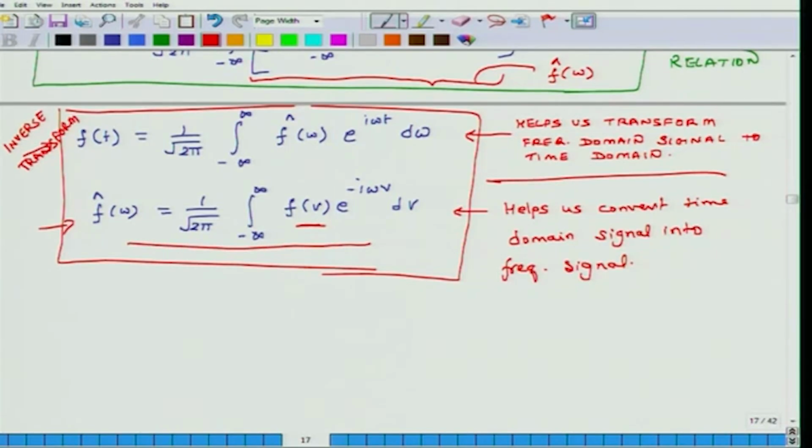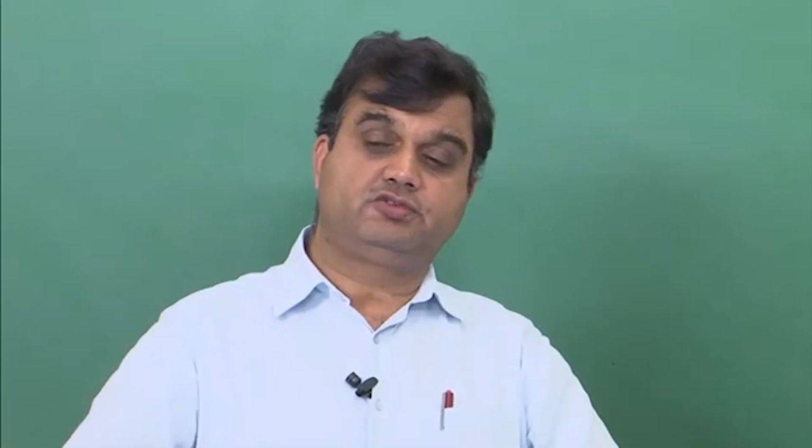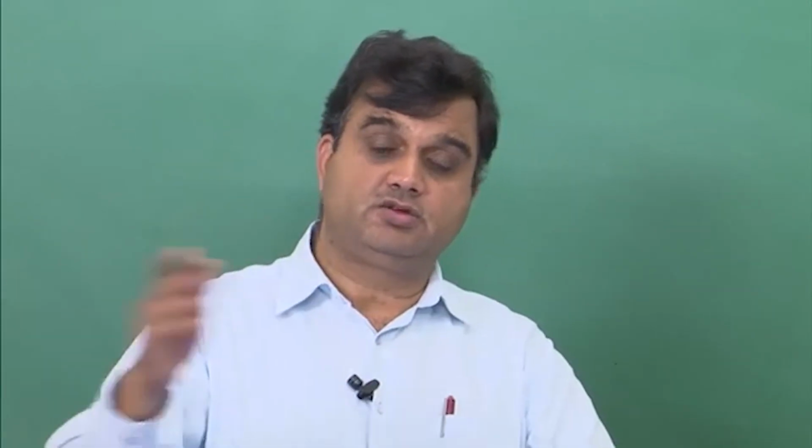And suppose I have frequency components and I want to make a time signal out of it, then I use this first formula, which is the inverse transform, and using that I can calculate or generate a time signal out of it. So from time I can go to frequency, from frequency I can go to time, and I can do this back and forth. So this is what this Fourier transform helps us do.